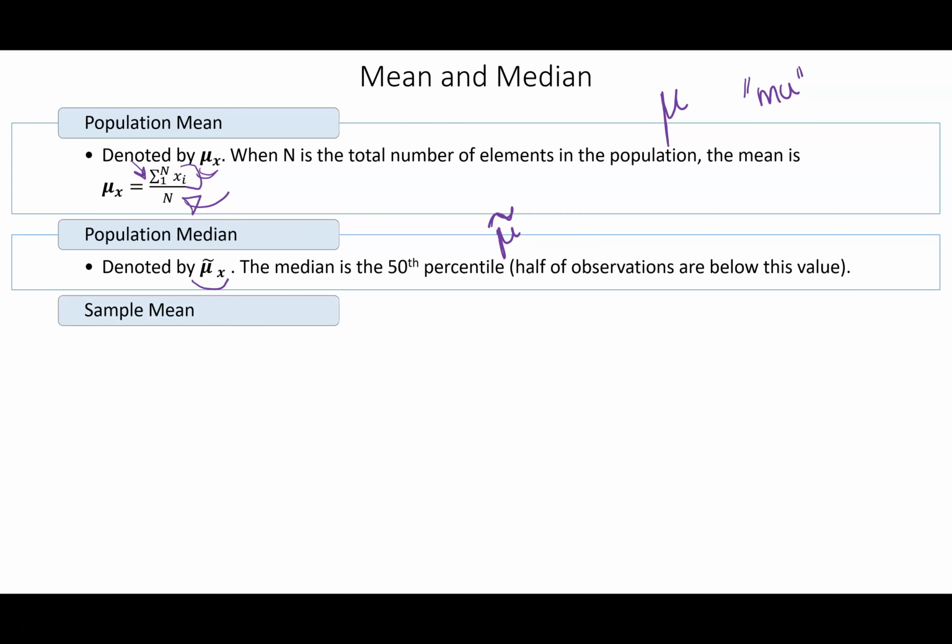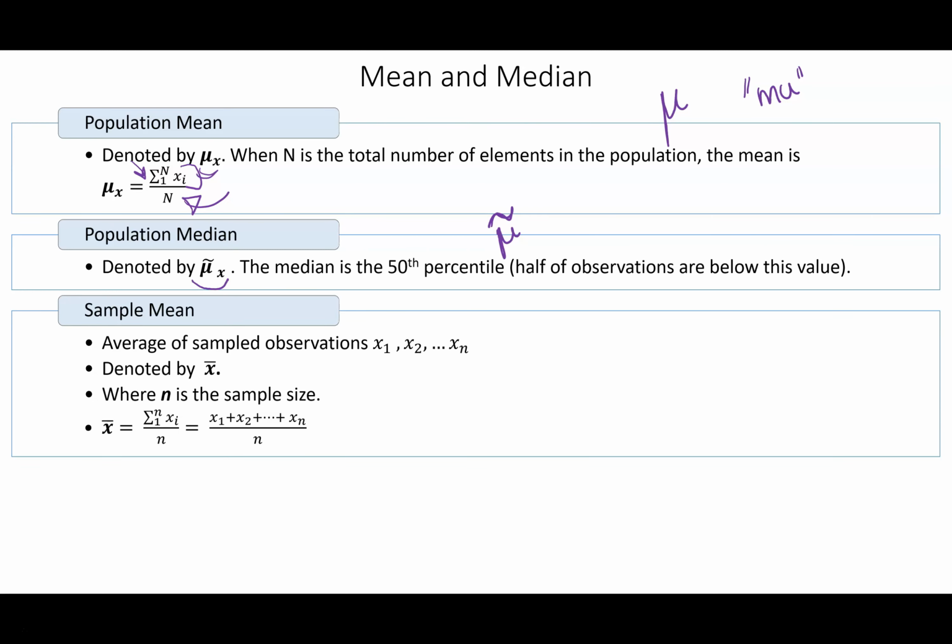Then you have your sample mean. This is if I have n, lowercase n observations, I'm going to add all of them together and then divide by little n, the number in the sample. We use x bar. Notice these two we use Greek letters for: we have mu and we have mu tilde.